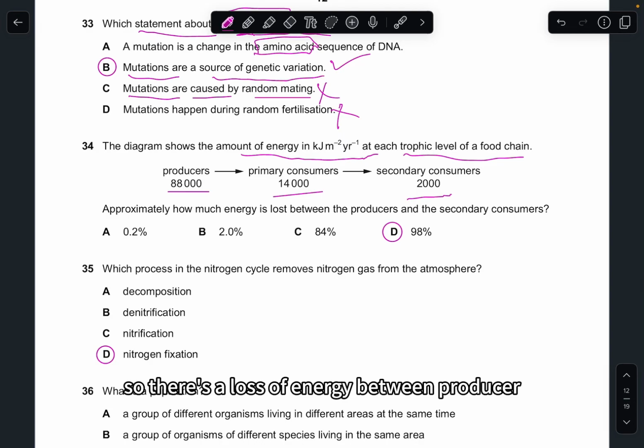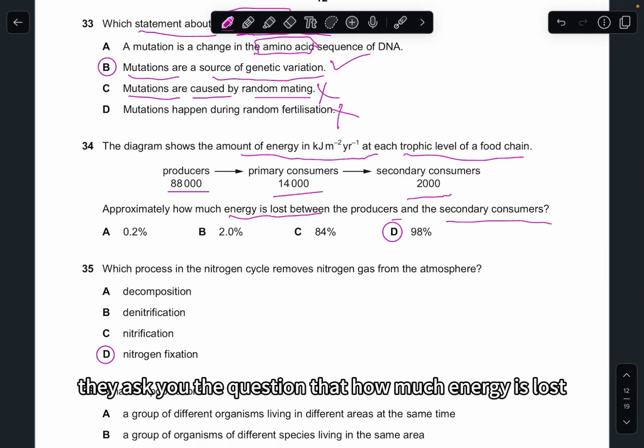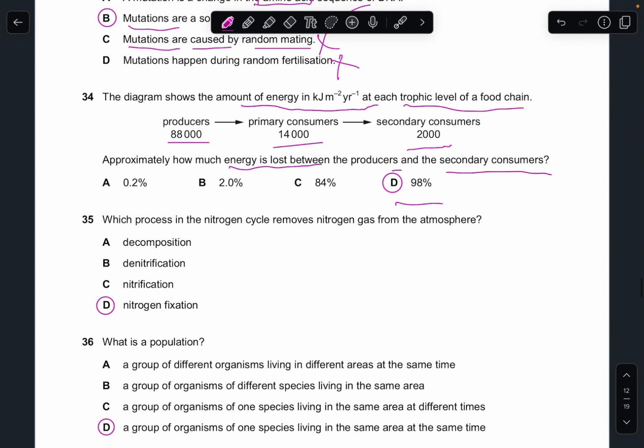So there's a loss of energy between producer and consumer. They ask how much energy is lost. If you do the calculation, it's almost 98%. The answer is D.